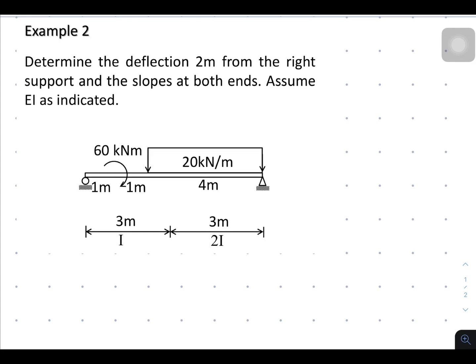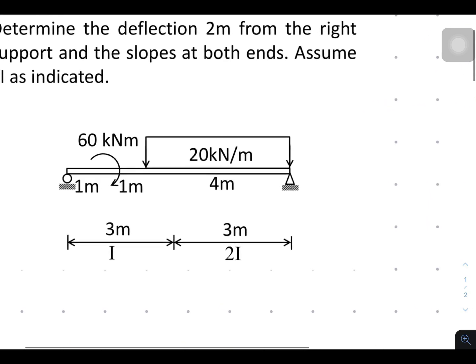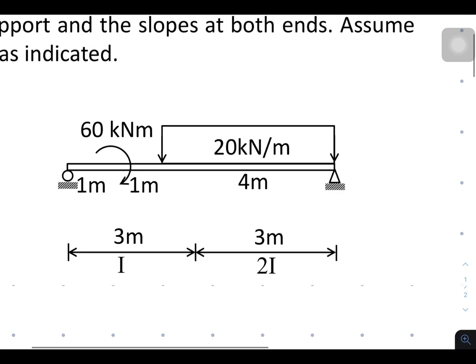For the deflection, we are going to get the deflection 2 meters from the right support. So this is the point where 2 meters is.